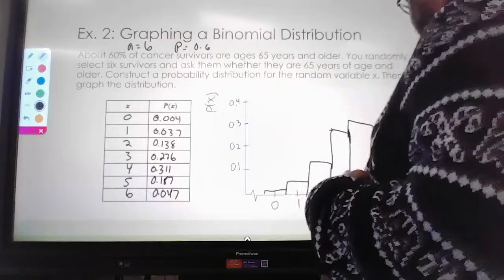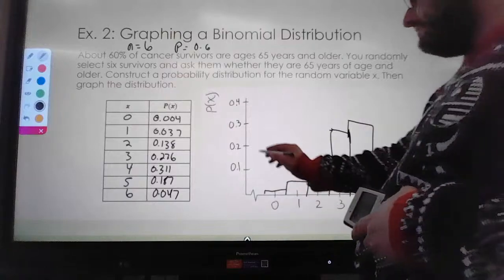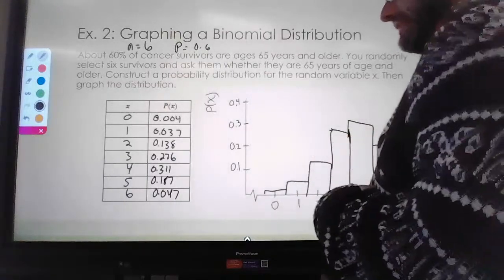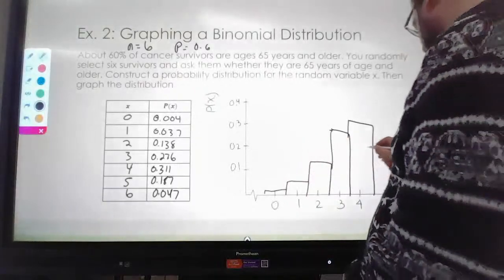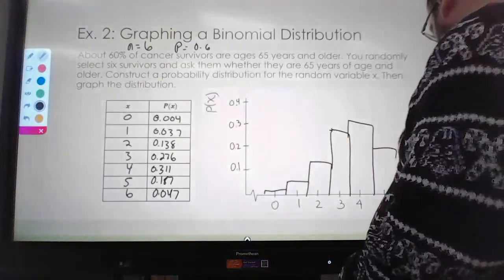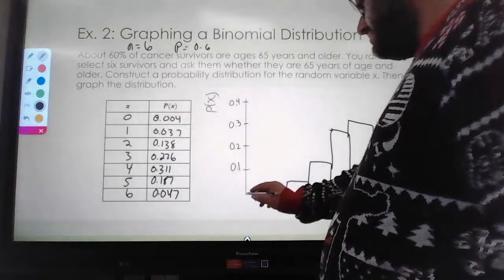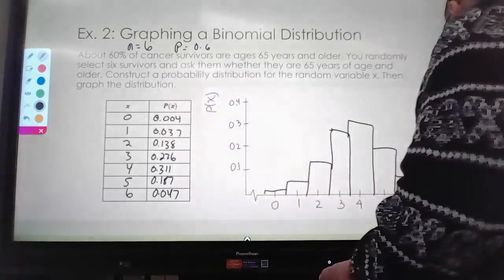Clean this up a little bit. 0.187, so about right here. And then our last one. Ooh, I think I did that one wrong. 0.187 is about right here. And then 0.047, so that's about a little less than halfway here.